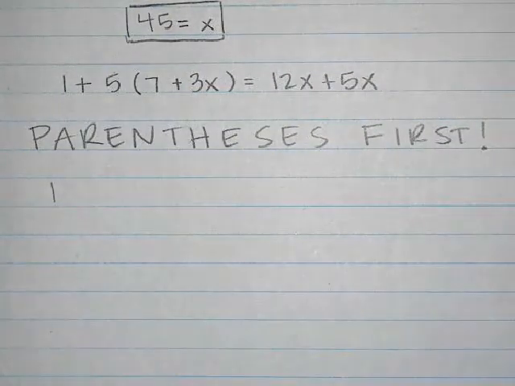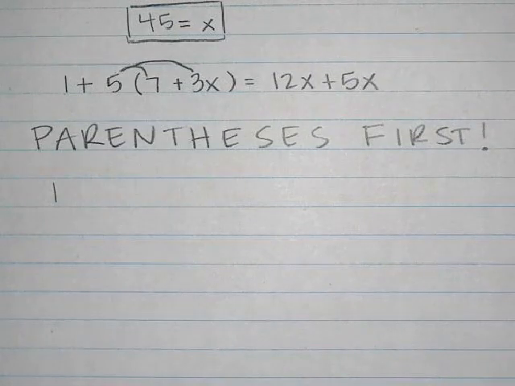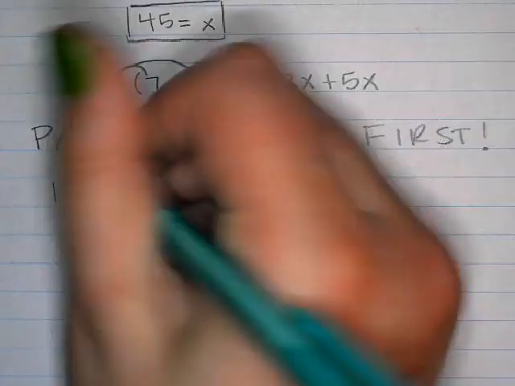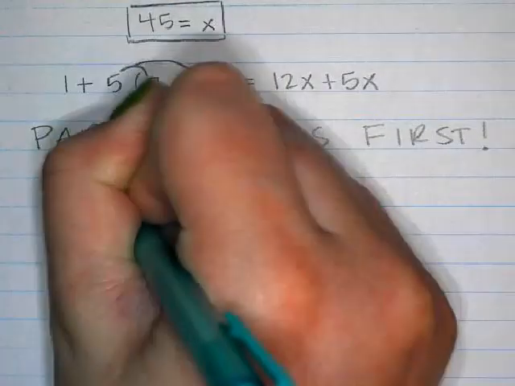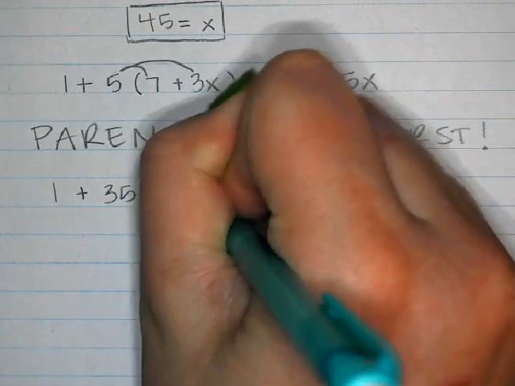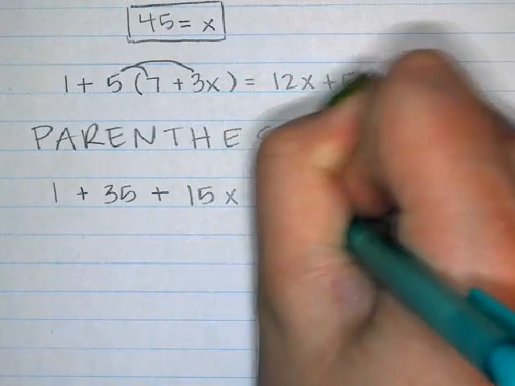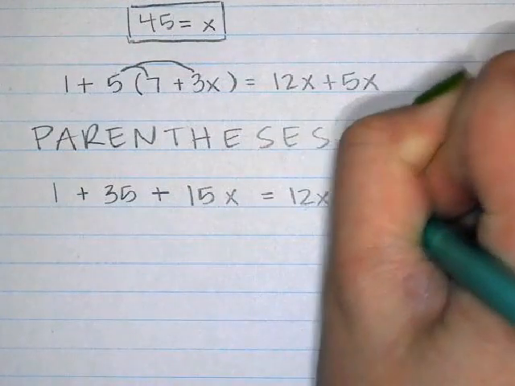And then what happens when I multiply the 5? What do I get? 35 and 15x, okay, equals 12x plus 5x, okay?